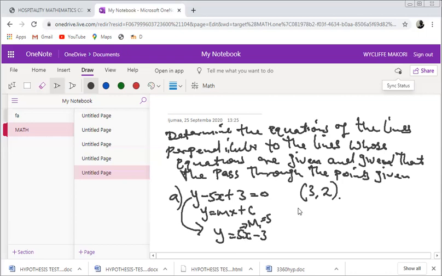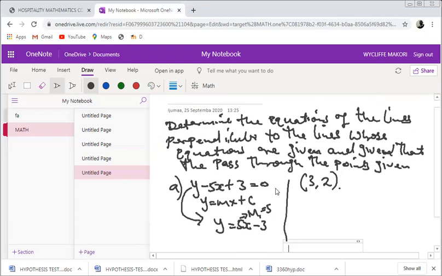Having noted that, you can know the gradient of the other line. If these two lines are perpendicular, then the product of the gradient of this line and the gradient of this other line that passes through this point should give us negative 1. So we can say here 5, which is the gradient here, times m2, the gradient of this one which we don't know, should give us negative 1 if they are perpendicular.